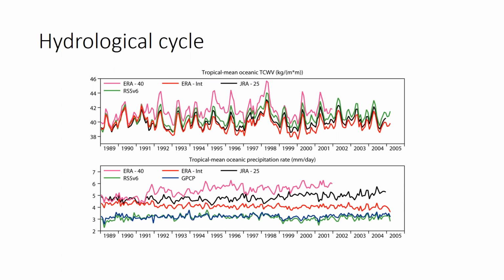Let's look at the bottom one, and you see that ERA Interim is improved over the other reanalyses. It's still a bit high compared to the observation data sets, but there is discussion about whether the observation data sets are actually not too low. But the point is that variability is fairly well represented. Now, if we look a little bit more in detail, the next slide, please.